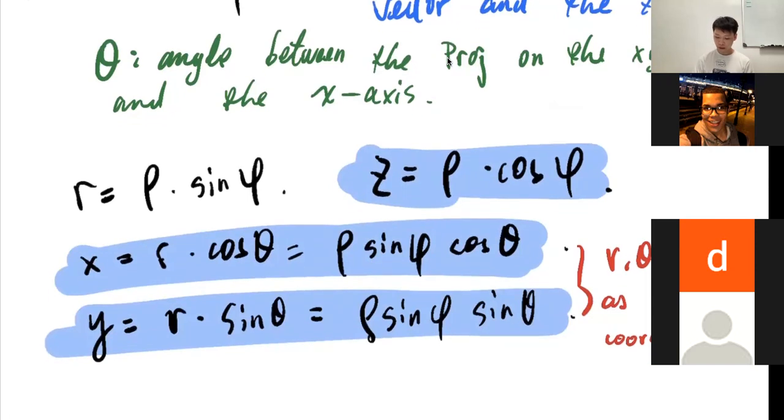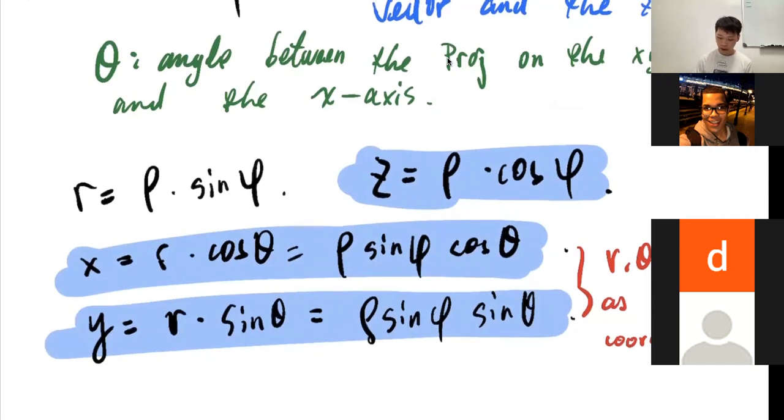Okay. Why is this important? Well, later on when we do chapter 5, the chapter on integration, certain functions are a little bit more complicated when you integrate them in Cartesian coordinates. However, when you change your coordinate system, it will be much easier to integrate, right?